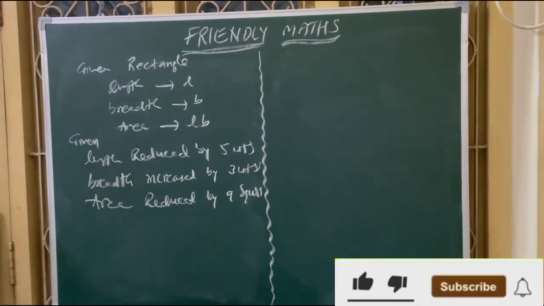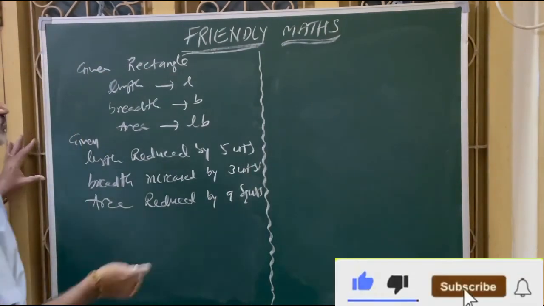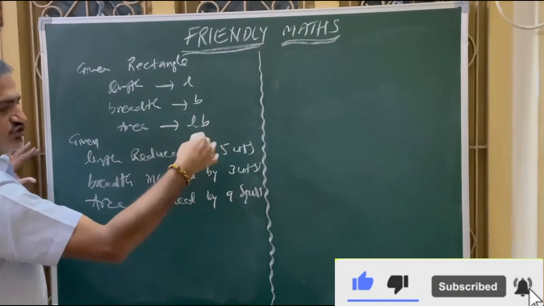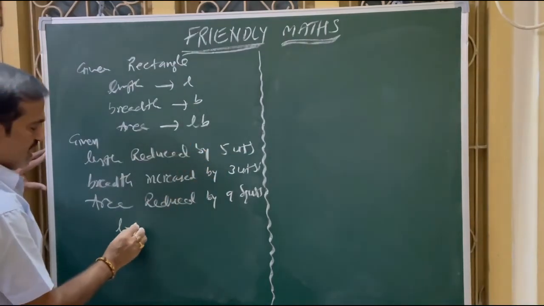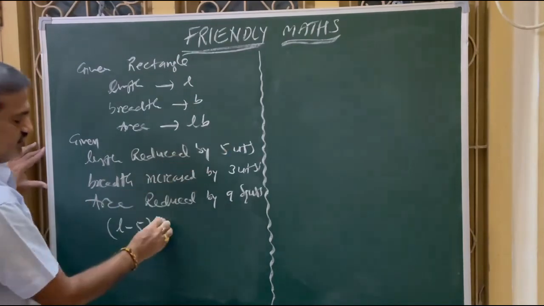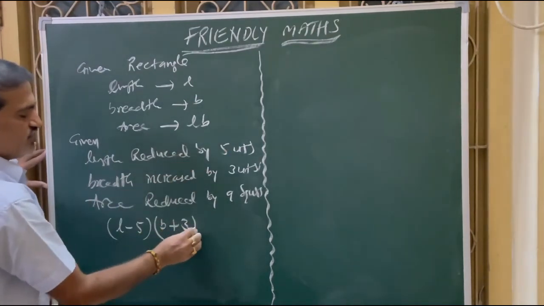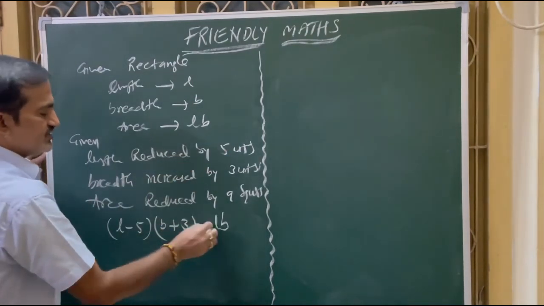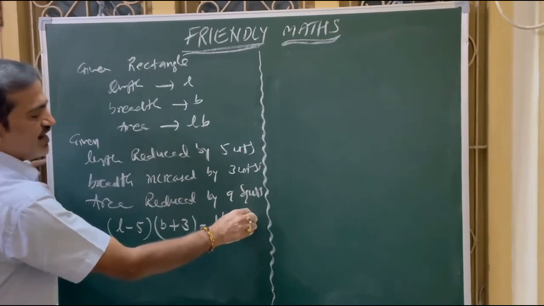Okay. Then what is the new linear equation that is going to be formed? Reduce means decrease. L minus 5, length is decreased, and breadth is increased, B plus 3, is equal to area reduced, which means LB minus 9.